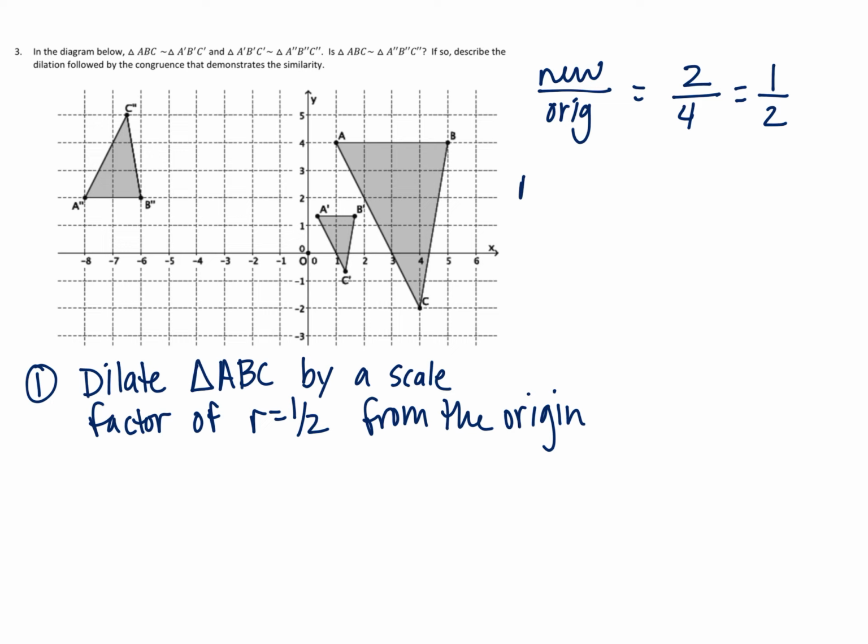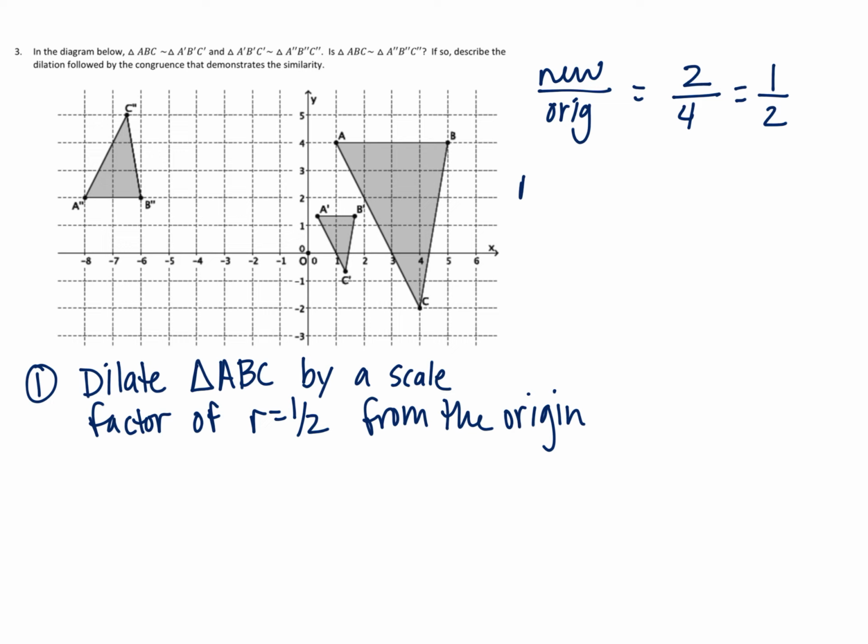No, that would not match it up. That would put the triangle like this. We want to go farther than that. So 1, 2, 3, 4, 5, 6, 7, 8.5. Translate 8.5 units left.